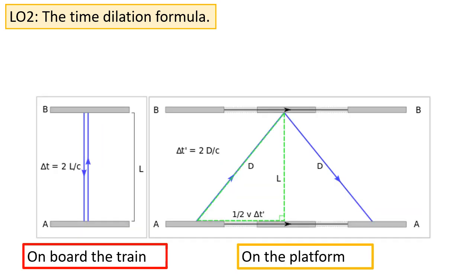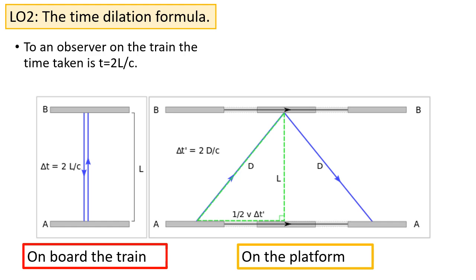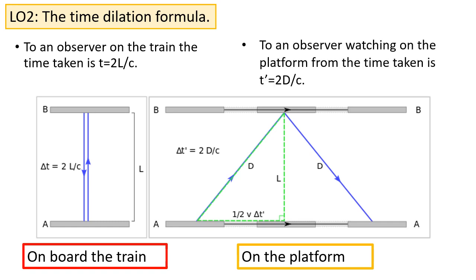These two time periods are clearly different. We have the proper time, t, measured by an observer on the train, and the time t dash, measured by an observer on the platform. Einstein's leap was to realise that these two times are different. An observer on board the train will record a different time relative to an observer on the platform.